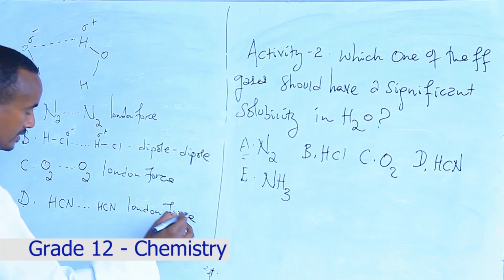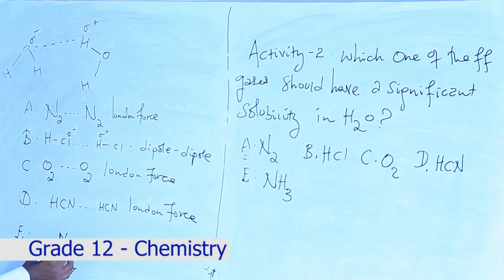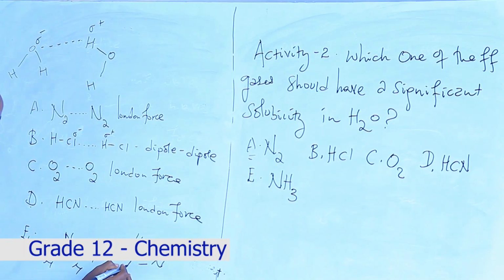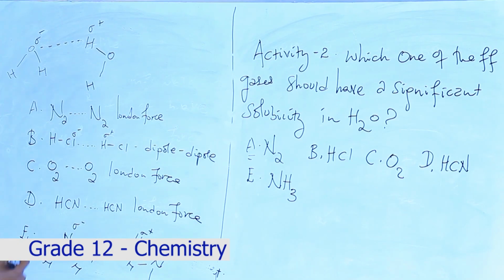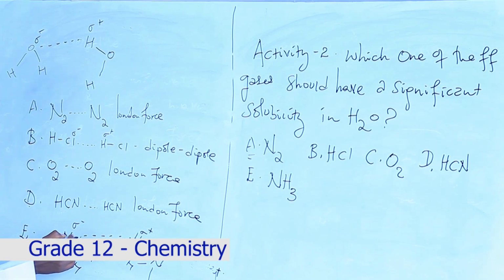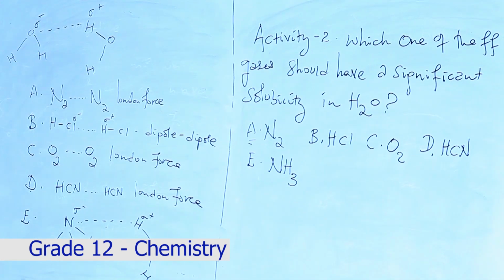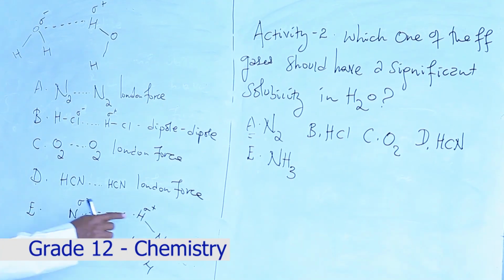Then the last one is ammonia. Ammonia is a polar molecule, therefore the intermolecular force that exists between the ammonia molecules are hydrogen bonds, because the element hydrogen acts as a bridge to the most electronegative element, nitrogen.